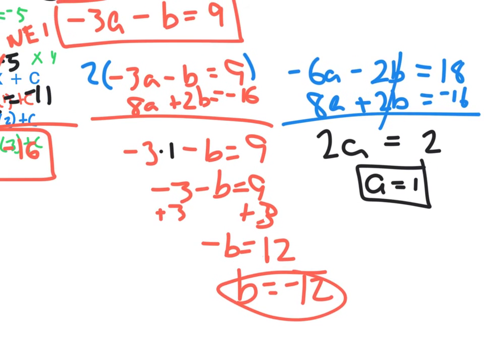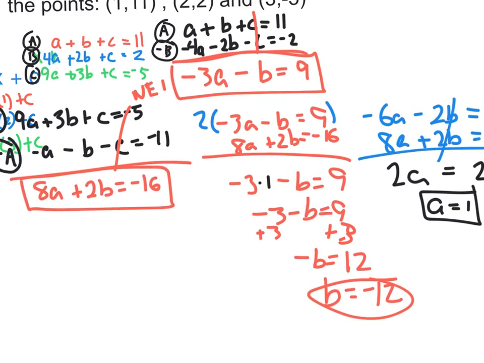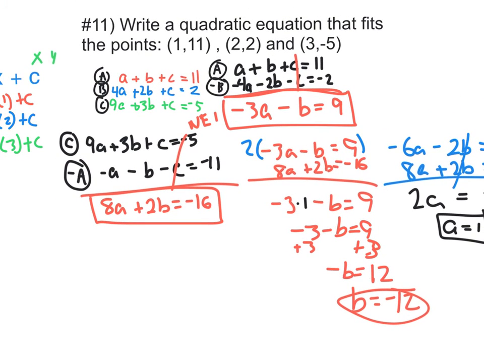So what I want to do is go back and find that c value by plugging in 1 for a, negative 12 for b. And I'm going to use the top equation on the original 3 by 3. So it's going to say a plus b plus c.